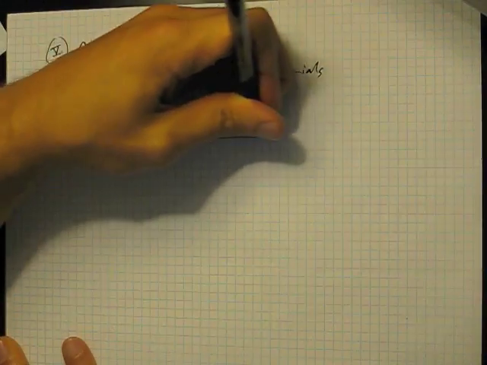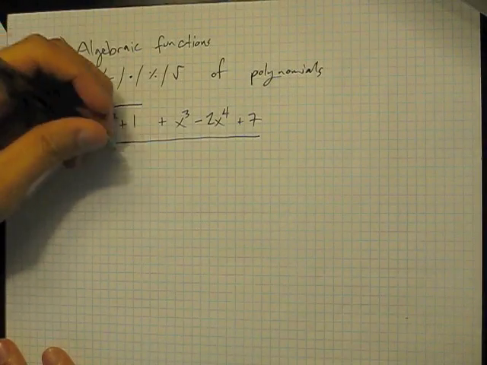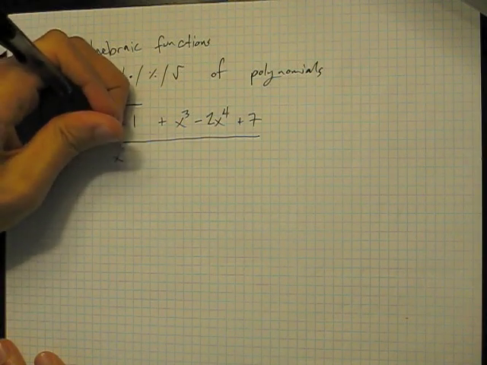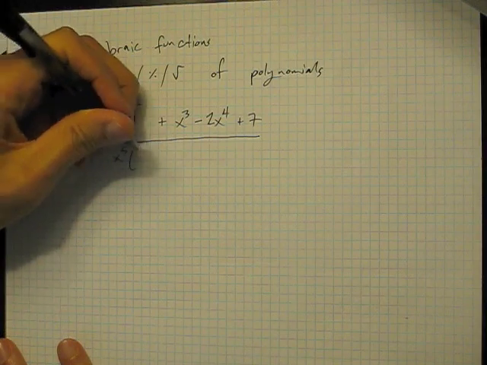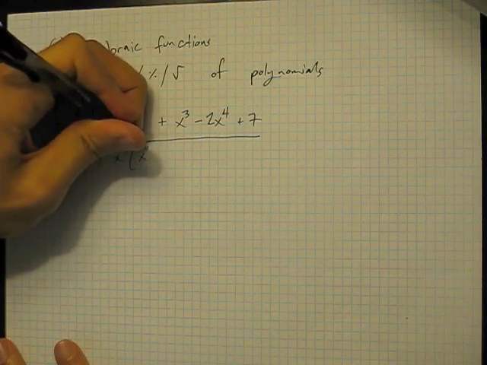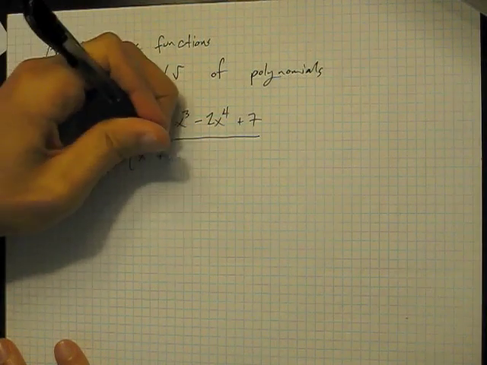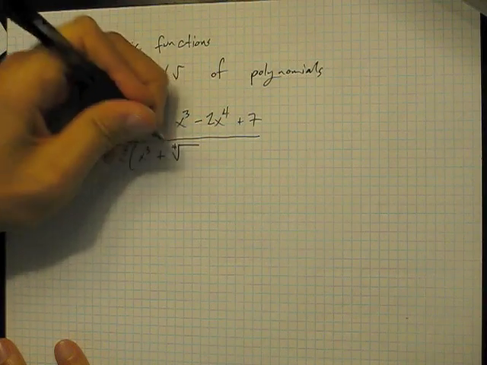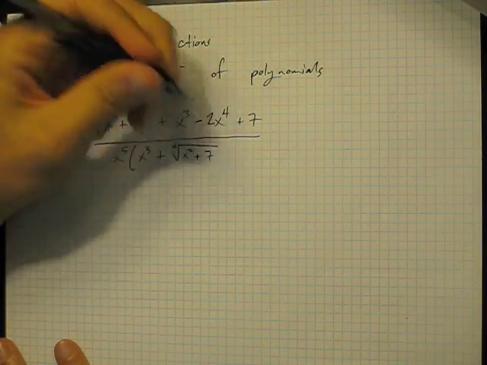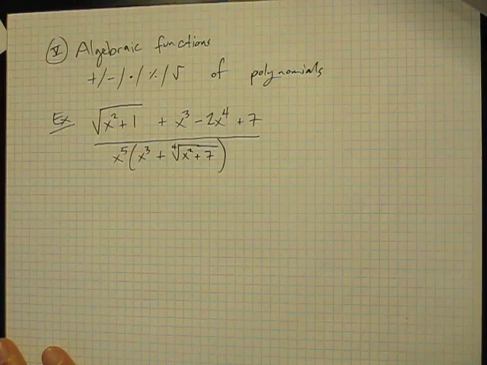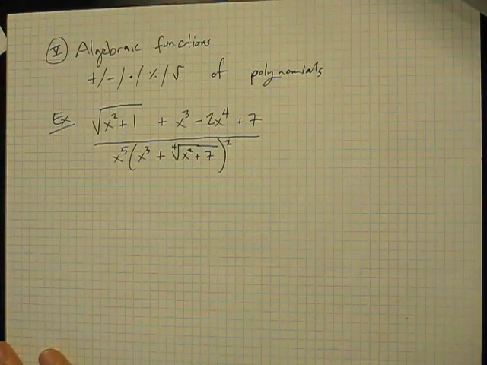And then we're going to divide this whole thing by, how about x to the fifth times x cubed plus the fourth root of x squared plus 7, and then we raise that to the second power.